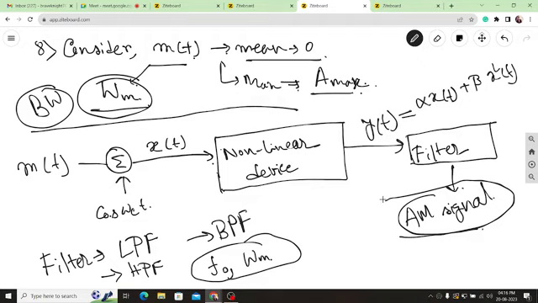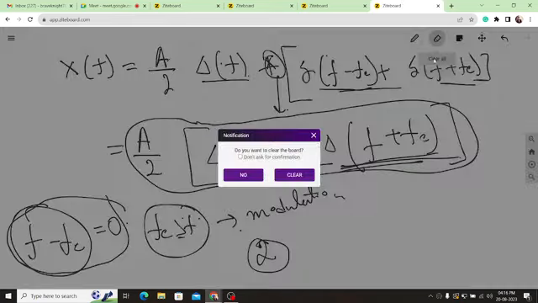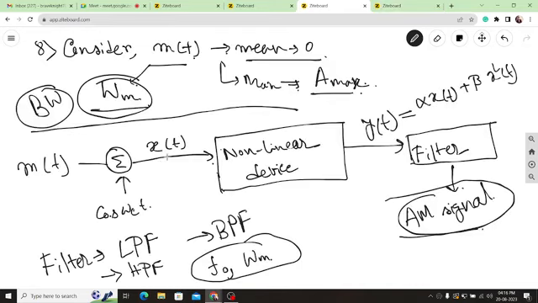Okay, so let's solve it. What will be the signal y(t)? y(t) is getting an input that is the summation of m(t) and cos omega c t, that is x(t). So this is alpha x(t) plus beta x squared t.